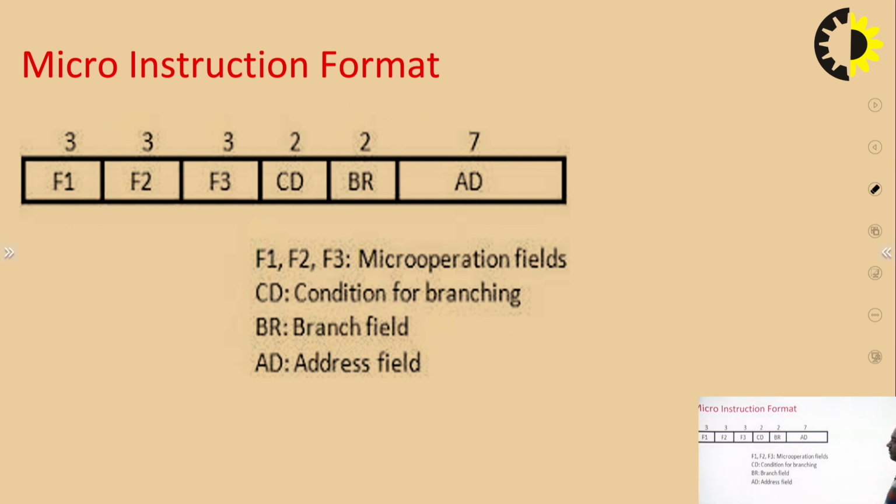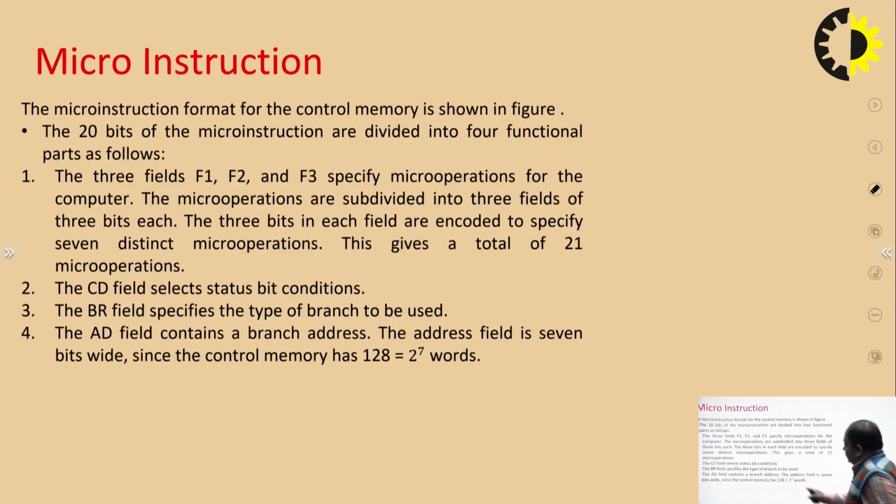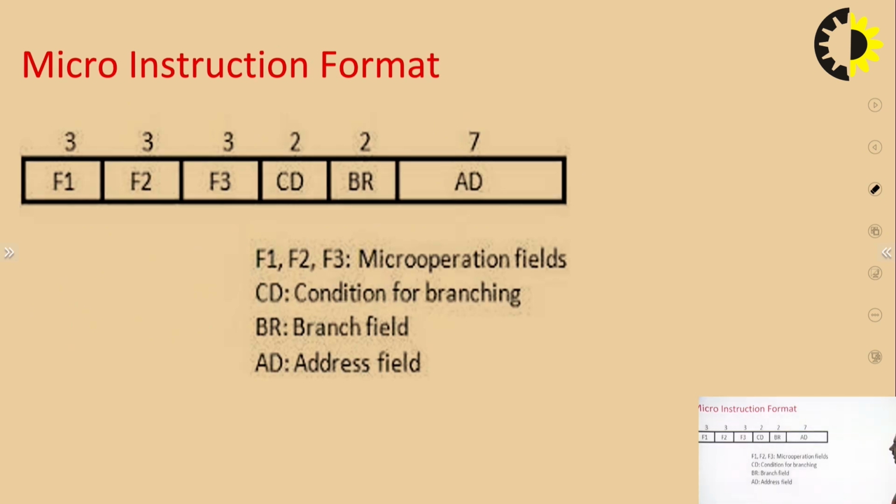So this is its format: 3 bits each for F1, F2, F3, then 2 for the condition, 2 for the branching, and 7 for the address field. So it consumes 9 bits, 11, 13 and then 20 bits. This micro instruction format consists of 20 bits.